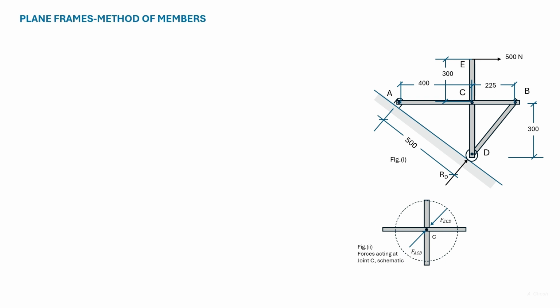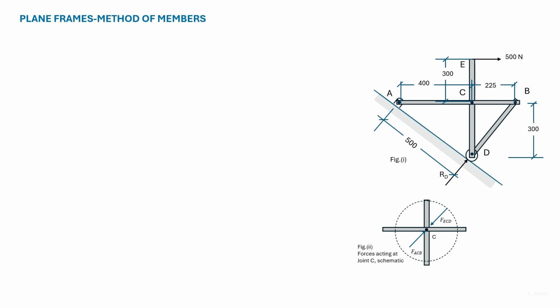Plane frames are a coplanar system of pin-jointed bars. They form a rigid system. They are subjected to both axial and flexural forces. In a plane frame, members can be subjected to transverse forces in between the ends of the members.